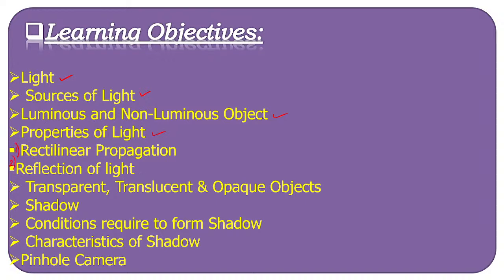We are also going to classify material based on their ability to allow light to pass through them as transparent, translucent and opaque objects. We are going to learn about shadow, conditions required to form shadow, characteristics of shadow, and something very interesting, a pinhole camera. Let's begin.